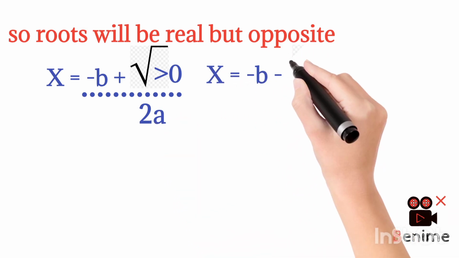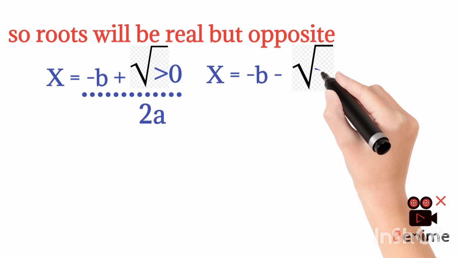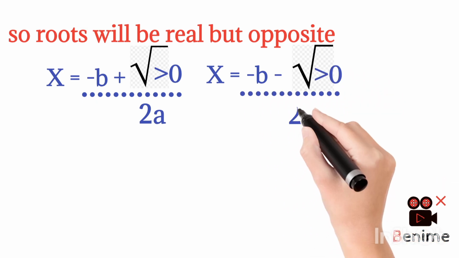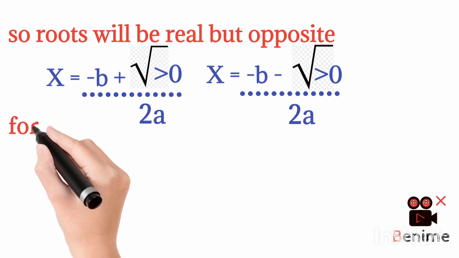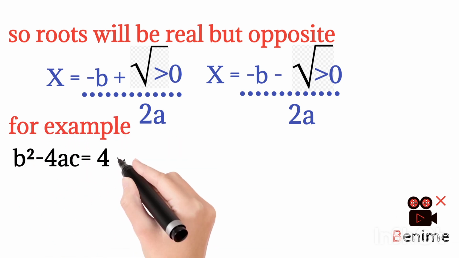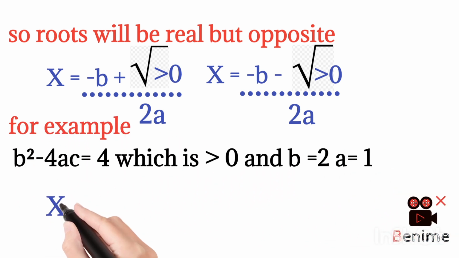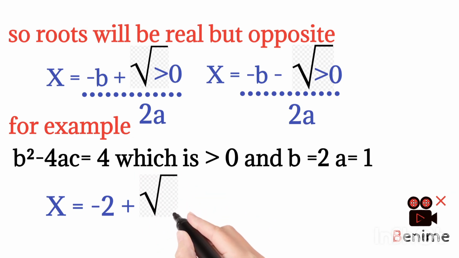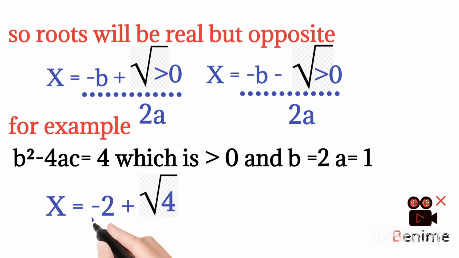So we write two roots: x = (-b + √(b² - 4ac)) / 2a, and x = (-b - √(b² - 4ac)) / 2a. Let's take an example. b² - 4ac is greater than 0, and b is equal to 2 and a is equal to 1.